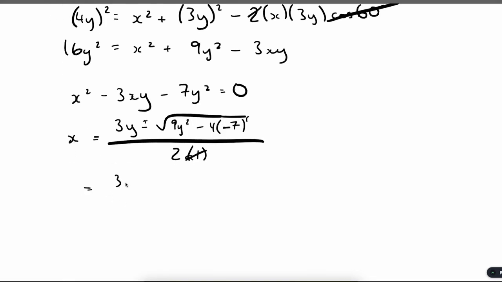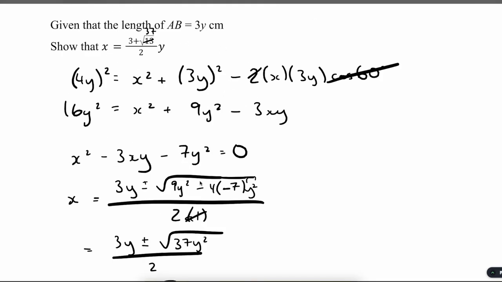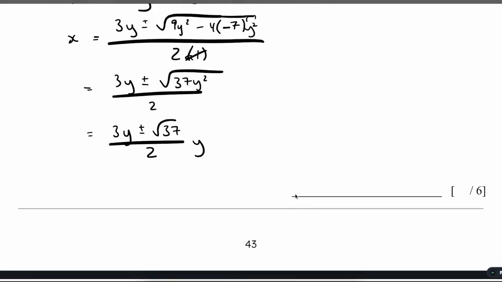So we end up with 3y plus or minus the square root, so 9 plus 28 is 37y squared, all over 2. Now we can factorize out the y, because that y squared can be taken out, so we've got 3 plus or minus root 37 over 2 lots of y. And that there is our answer. It's a show that question, so we don't need to put it in there.